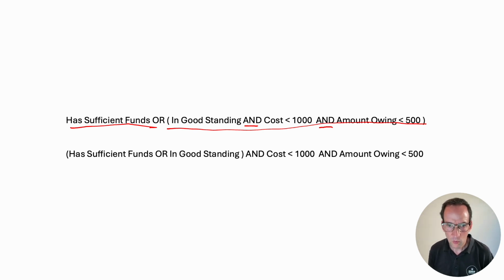So we could step this out and do them one at a time. You could do that and first, and then you could compare these two together to find out those. So if they are in good standing, if that was true, and the cost was less than $1,000, if that was true, then we've got that. So the true and true would give me the result true here. And then I could check over here and say, is the amount owing less than $500?